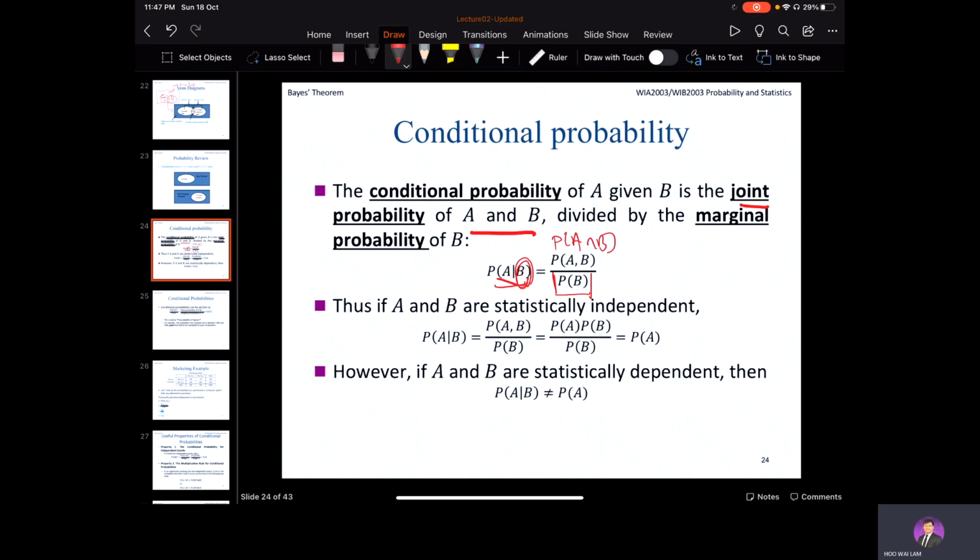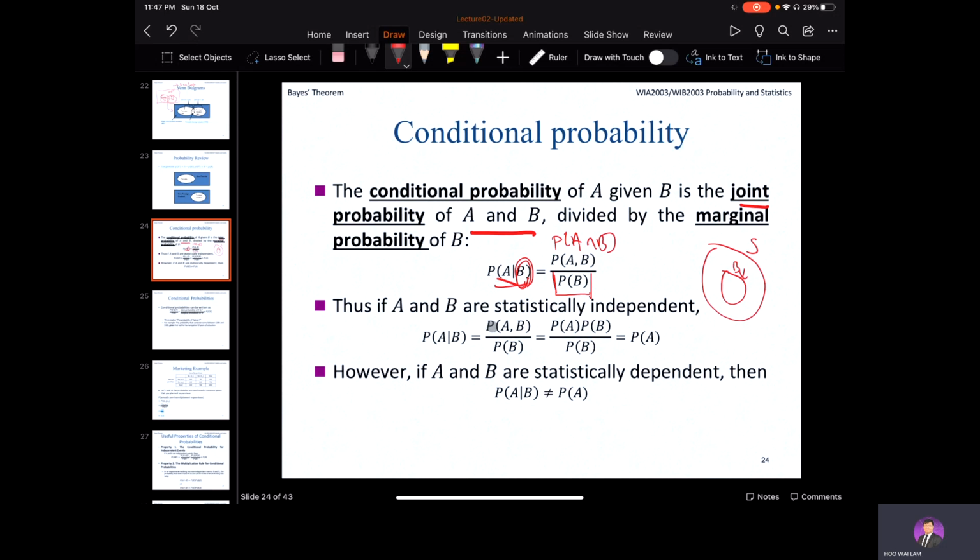So it's like this whole thing is your sample space, but right now you only consider a small B event inside. If this one is your sample space, then if A and B are statistically independent, you can expand this way.